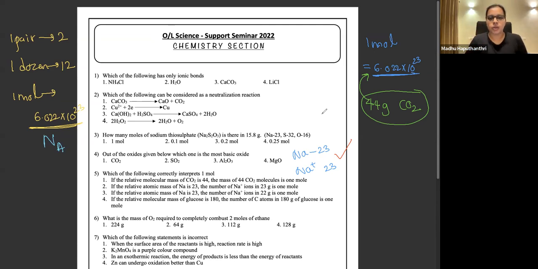Is it because the electrons are not having a mass? No. Electrons do have a mass, but compared to the mass of a proton or a neutron, electron's mass is negligible.